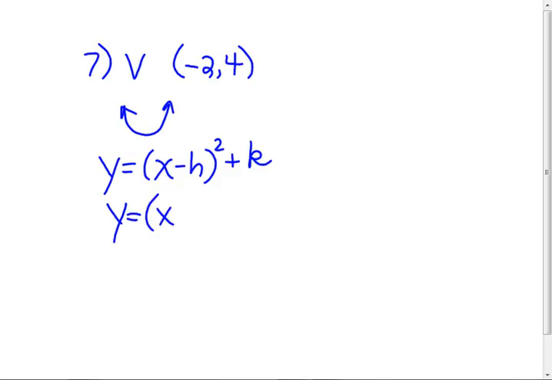What's the h? Negative 2, so x minus negative 2. I'm fine with that. Plus k. What's the k? This is h and this is k. So it's plus 4. I want it to open up, so this is a positive 1, not a negative 1. If I want it to open down, I'd make it a negative 1. That's all there is. The hardest one is the one you asked me about, which was number 6.